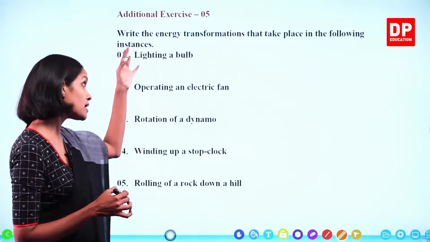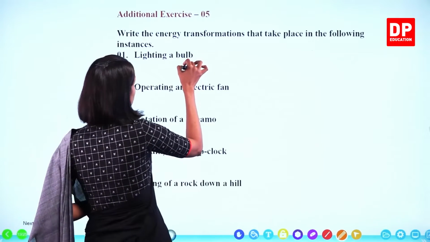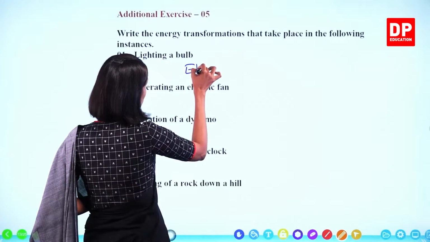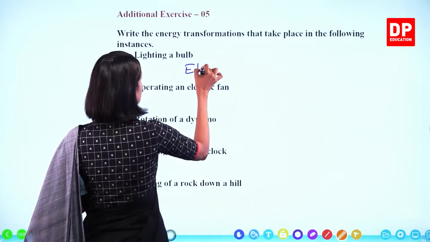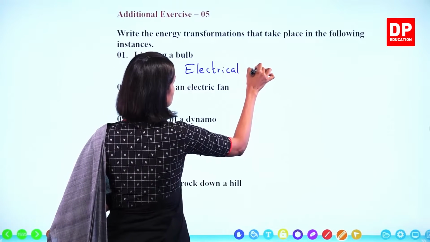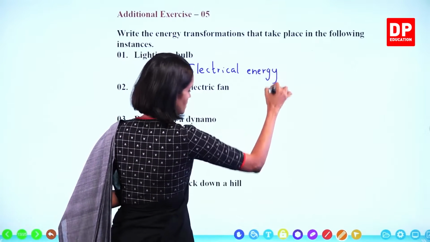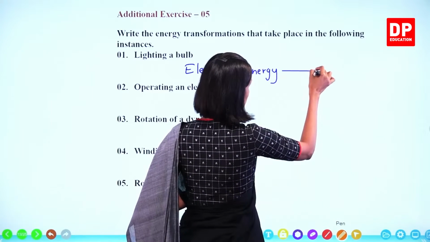But we will write the main energy transformation, okay? Light in a bulb, electrical energy is converted to light energy.